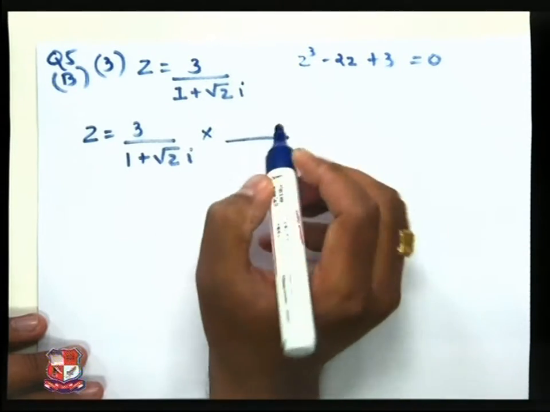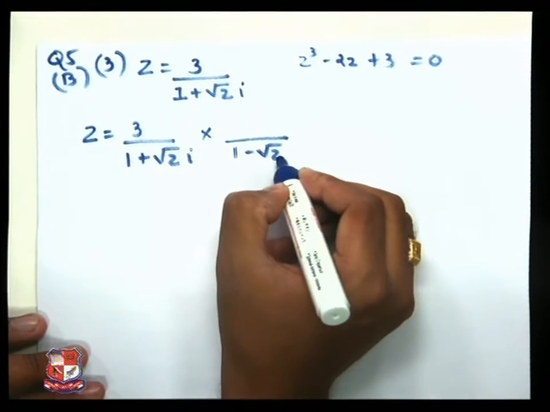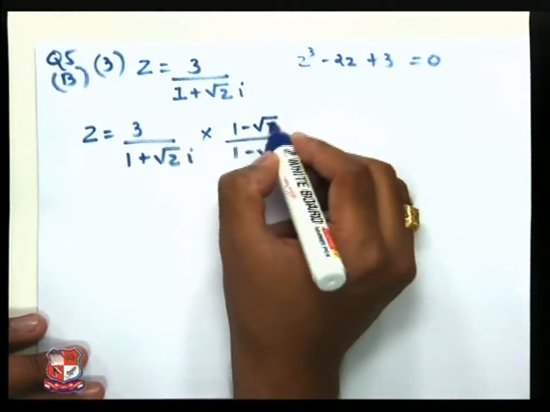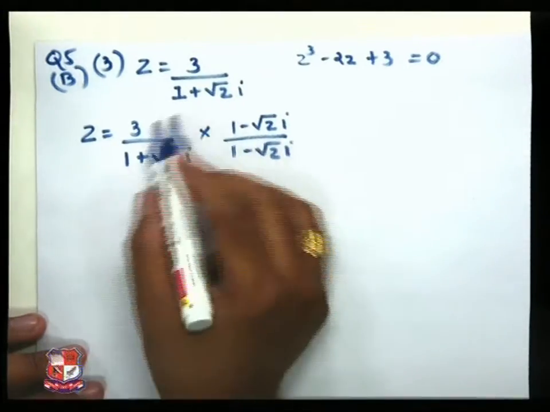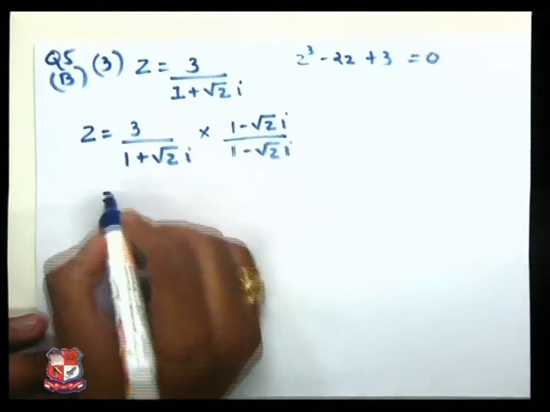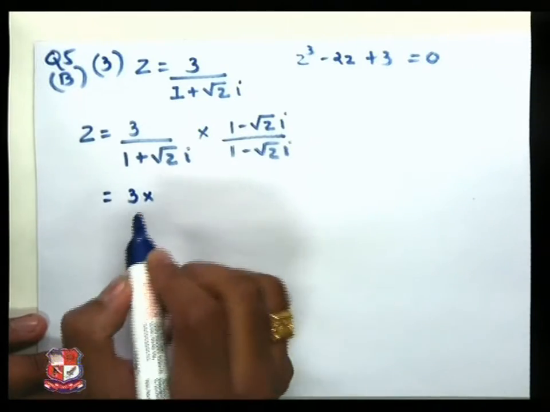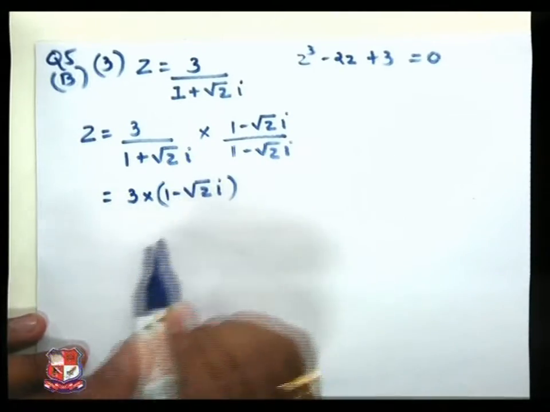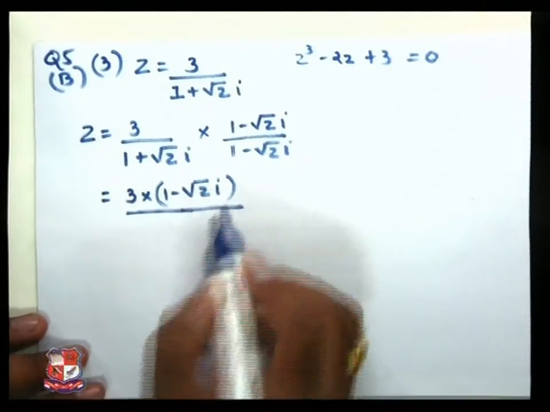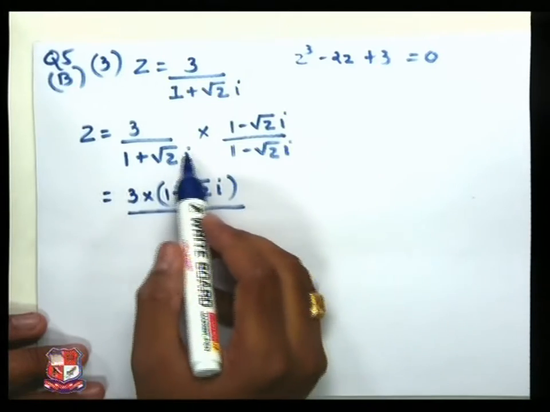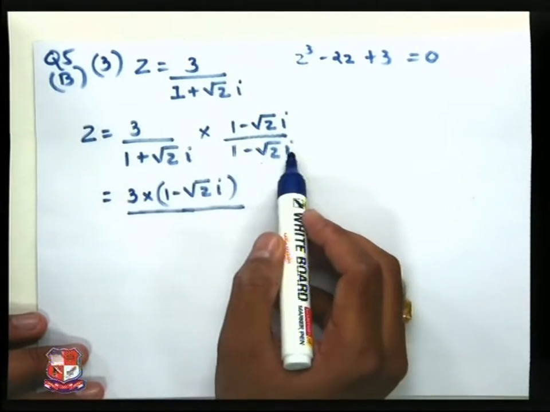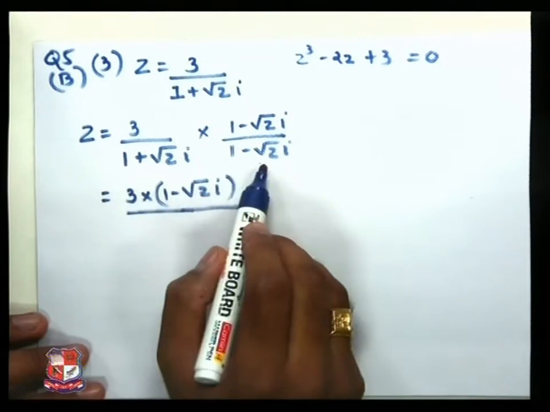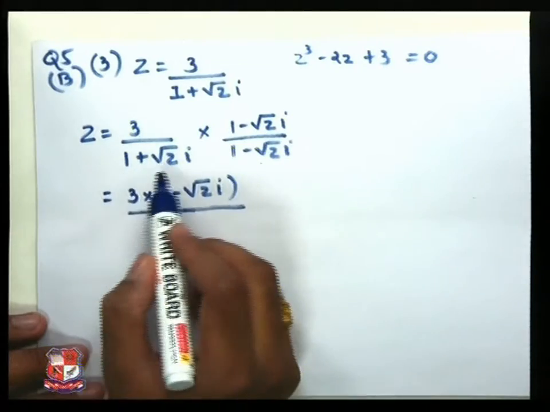So the numerator is 3 into 1 minus under root 2i, and the denominator is 1 plus under root 2i times 1 minus under root 2i. This is in a plus b into a minus b form, whose result is a square minus b square.